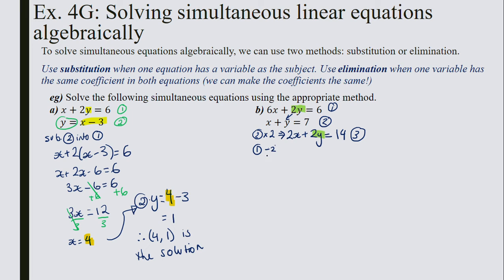So now what we get, and I'll use some more highlighter in a moment, is 6x plus 2y, and that comes from the first equation. Oops, that should be a 3, sorry. Plus 3.